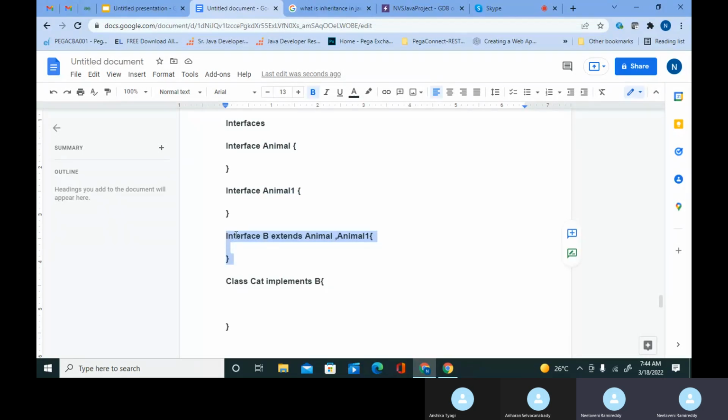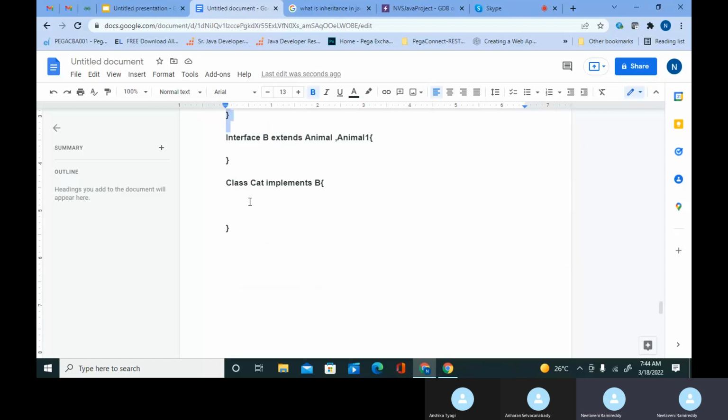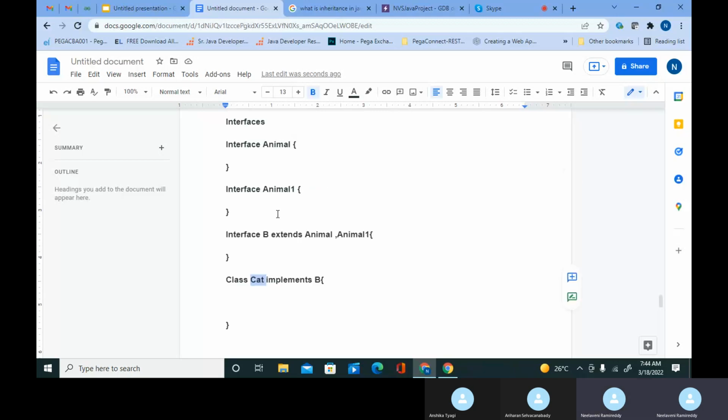So by implementing B, I'm going to override all of these two interfaces, and then I'm going to call those methods in my cat, my child class. This is the flow. This kind of type, we call a multiple inheritance.